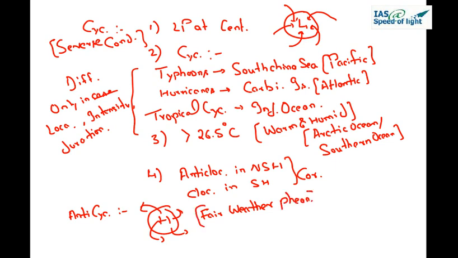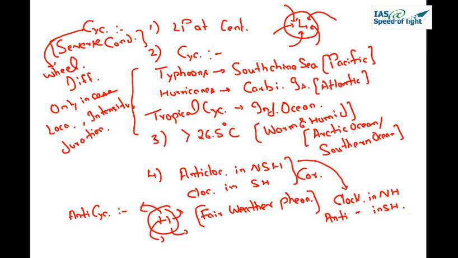Okay. And another thing we can remember for anticyclones is their movement. In contrast with the cyclones, they have clockwise direction in the northern hemisphere and anti-clockwise in the southern hemisphere. So cyclone actually was a Latin word which meant wheel.